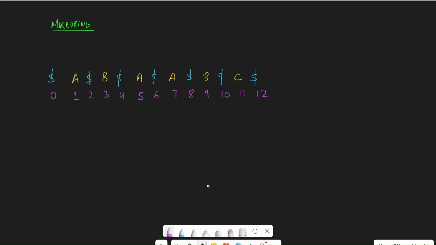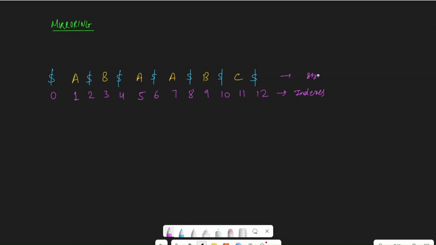The first step in Manacher's algorithm was to apply transformation, and then next we need to apply expansion, the second concept that we discussed. Why expansion? Because currently there is no palindrome that we have defined here, and if there are no palindromes, then we can't do mirroring. So let's expand on $. So these are my indexes.